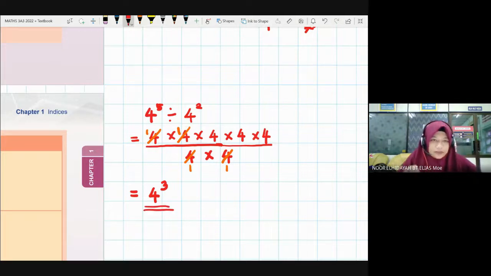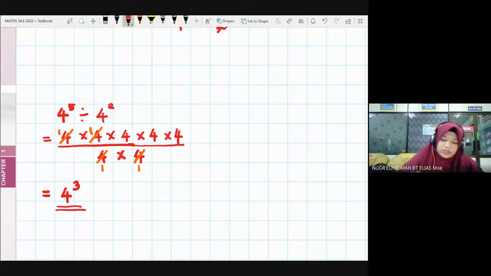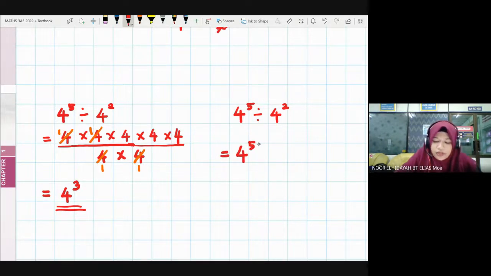Ini konsep dia. But in the law of indices, kita apply this one. Kalau melibatkan division, 4 to the power of 5 divide by 4 to the power of 2, division of the same base, apa yang kita akan buat is kita akan subtract the index.